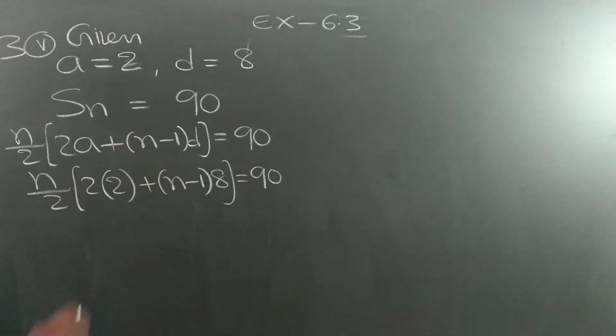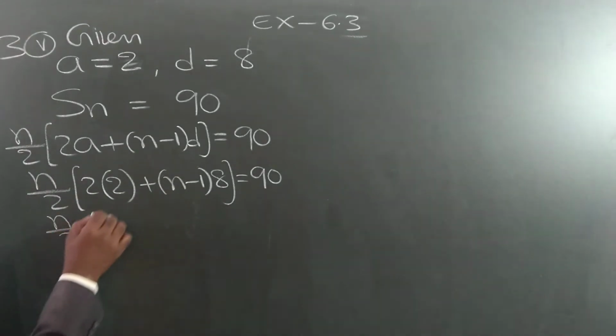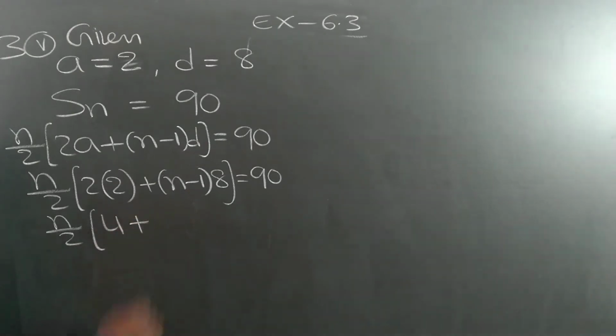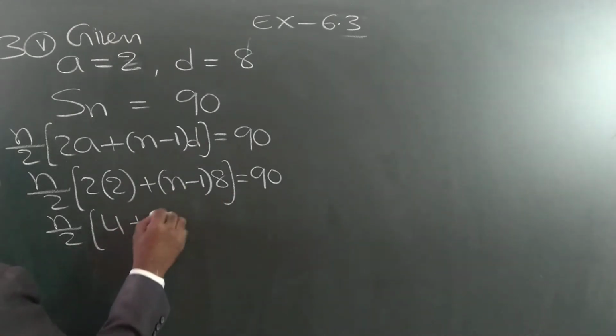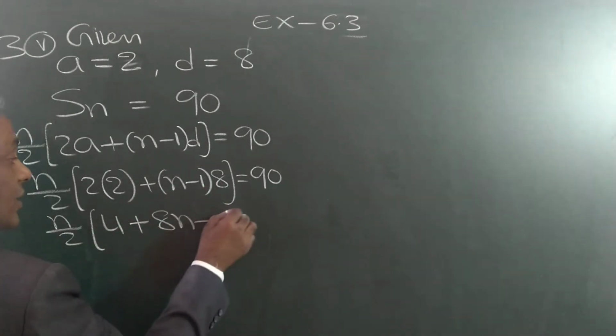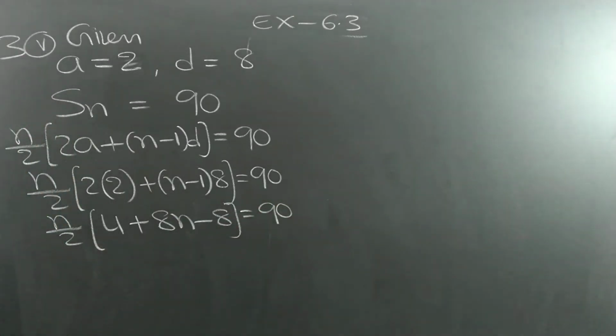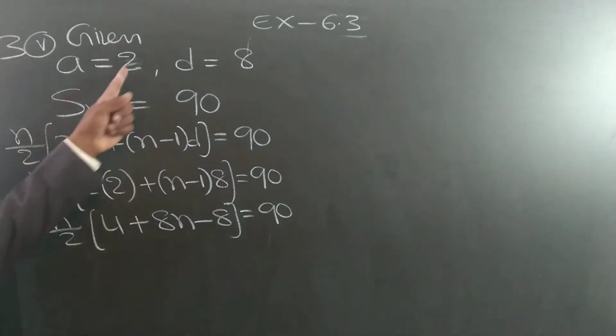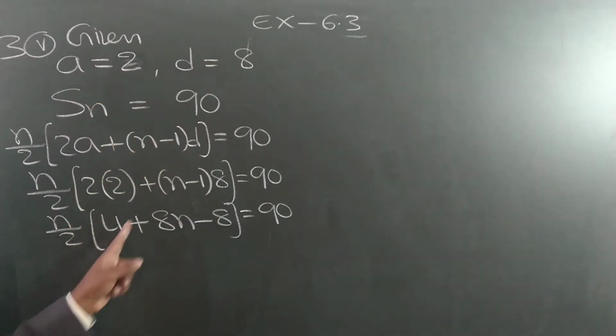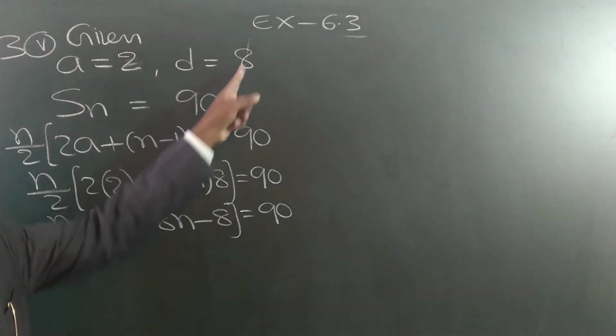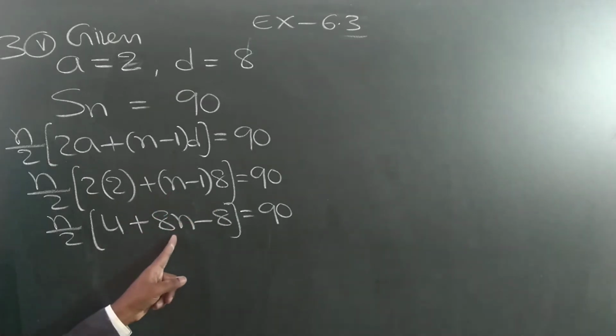Otherwise you may get confused, so I will write some more steps. 2 2s are 4. 8 into n is 8n, minus 8 into 1 is 8, equal to 90.